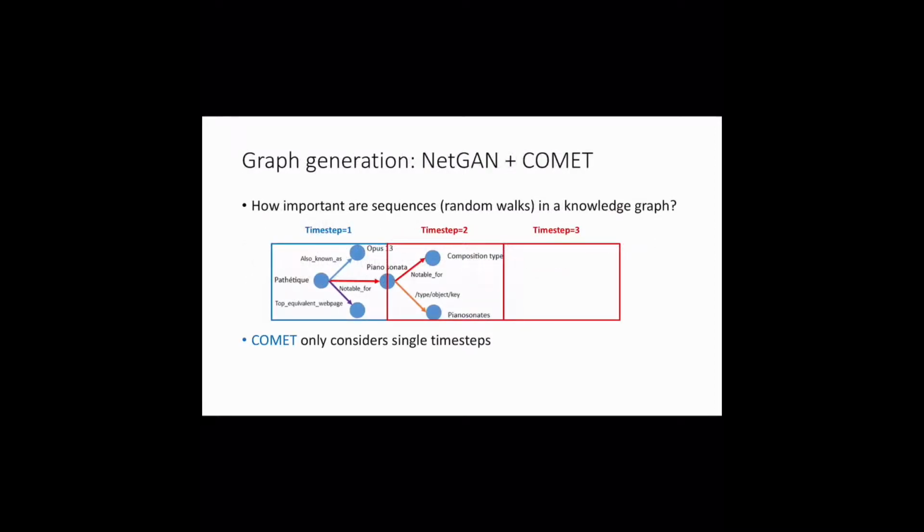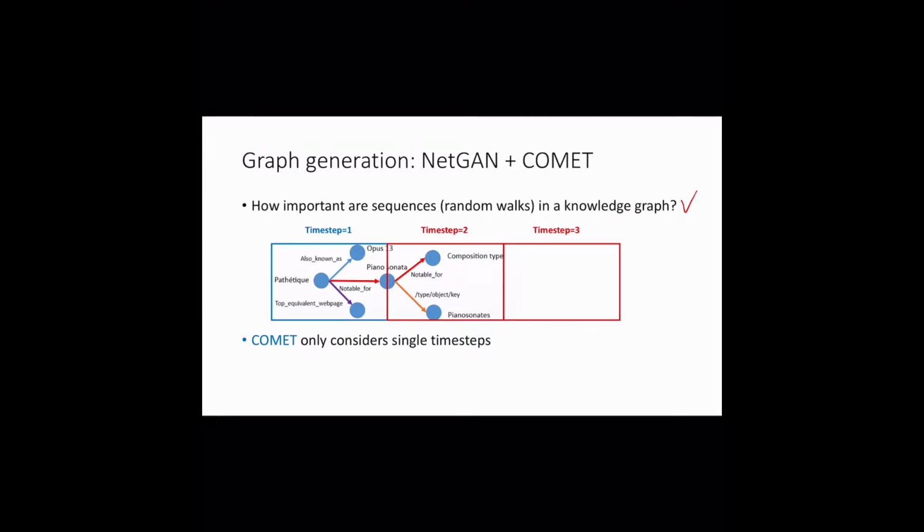Assuming that knowing about longer sequences, aka random walks or paths, in a knowledge graph is informative, the proposed method would have an advantage over Comet in that it can consider paths in the graph that are multiple steps long.